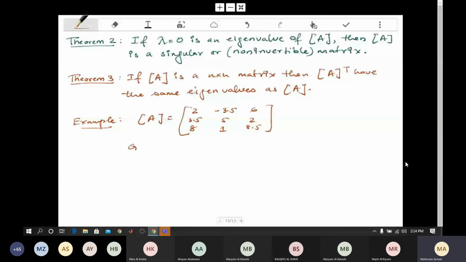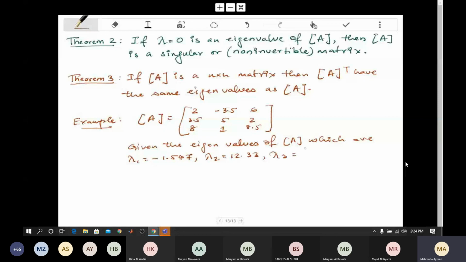Given the eigenvalues of the matrix A, which are, let's say, lambda 1 is equal to minus 1.547, lambda 2 is equal to 12.33, and lambda 3 is equal to 4.711.